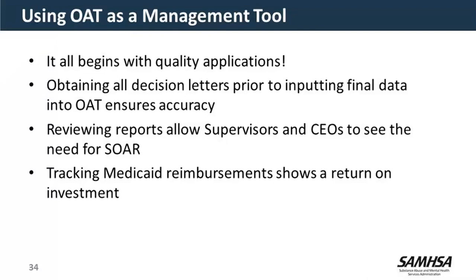Reviewing reports allows supervisors and CEOs to see the need for SOAR, which they start looking for grant money. And tracking Medicaid reimbursement shows a return on investment. The one agency that I spoke about, one person had $14,000 in retroactive benefits that came in when they were approved. And so going back to look at the Medicaid reimbursements was very nice for that agency to see.